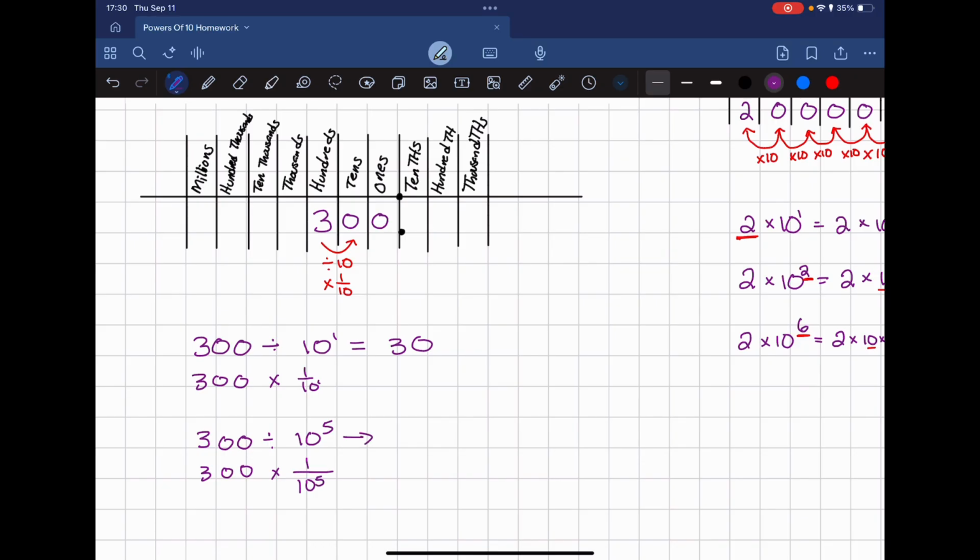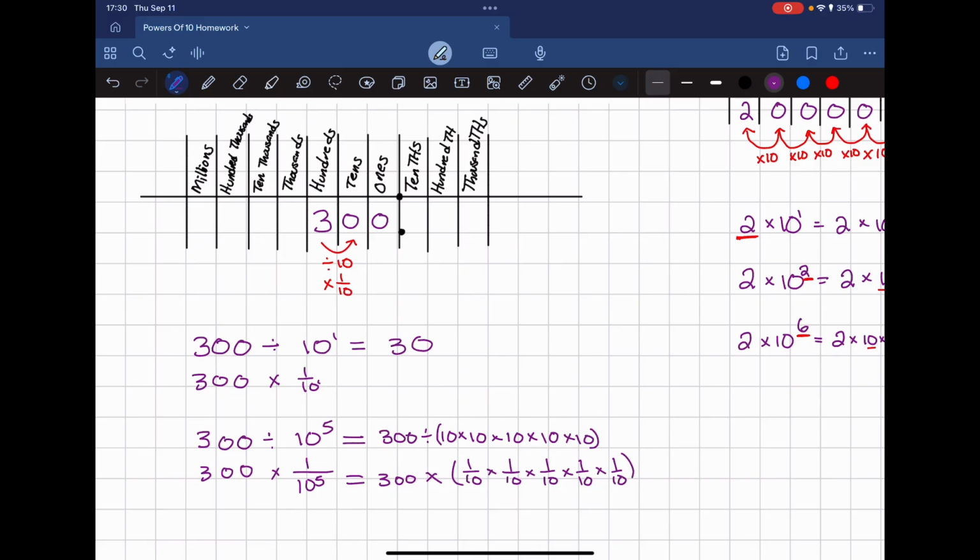That would be equal to 300 divided by 10 times 10 times 10 times 10 times 10, or 300 multiplied by 1 over 10 times 1 over 10 times 1 over 10 times 1 over 10 times 1 over 10.